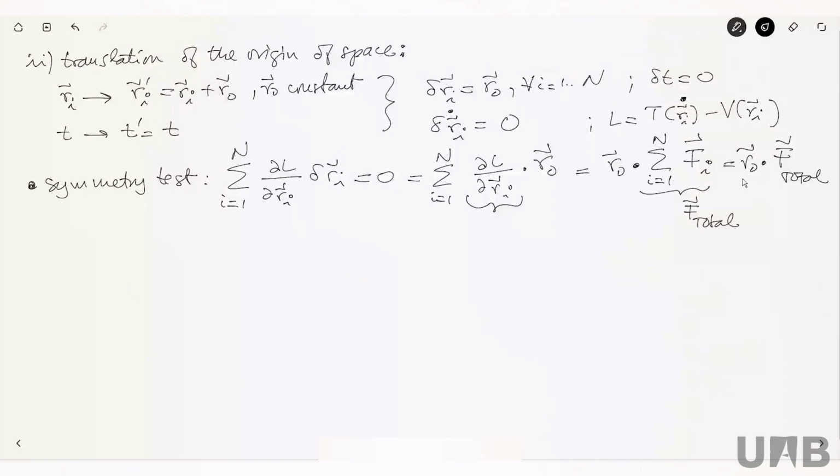So the fact that the system is invariant under translations in the direction R0 means that the total force in this same direction R0 has to vanish, right? Do you agree?